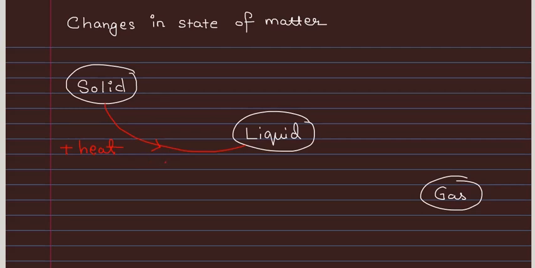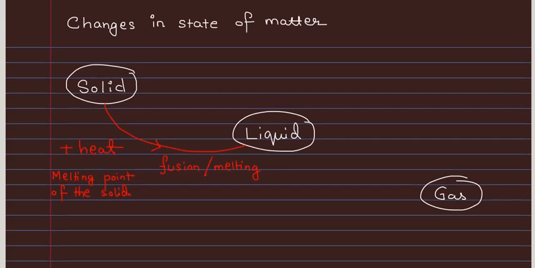It is also known as fusion or melting. So what is fusion or melting? It is the process during which a solid, upon heating, changes to its liquid state at a particular temperature, and that particular temperature is the melting point of the solid.